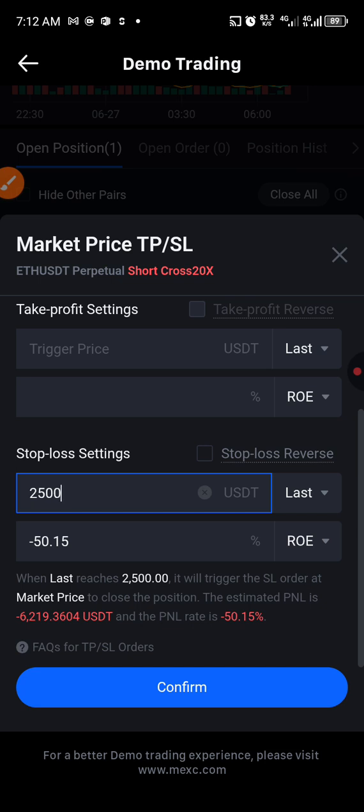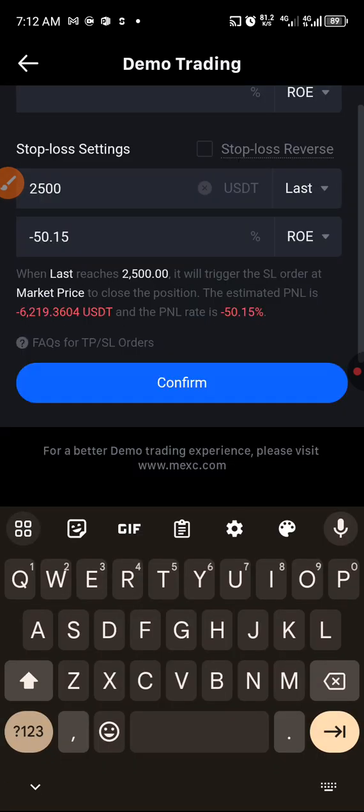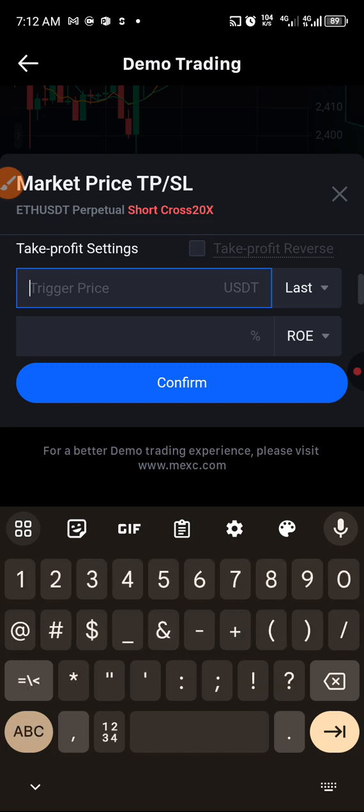So, if the price gets to 2,500, it means I'm going to be in a loss of 50%. And that 50% will give me minus 6,291 USDT.